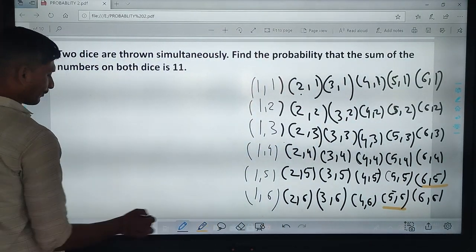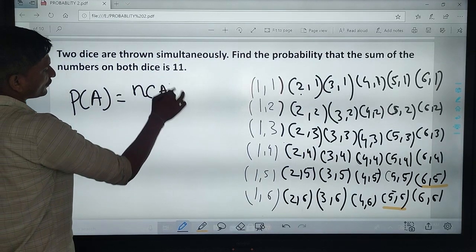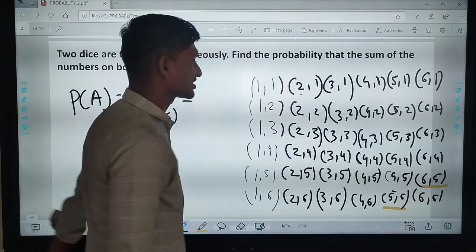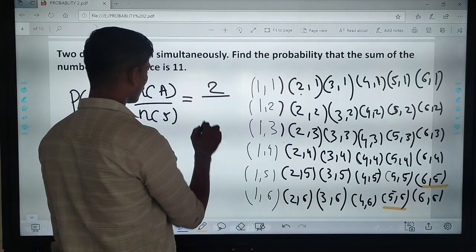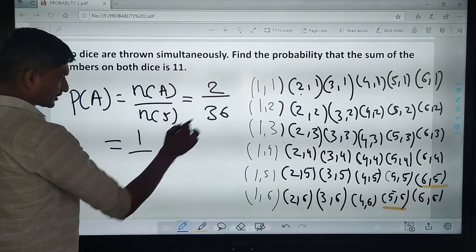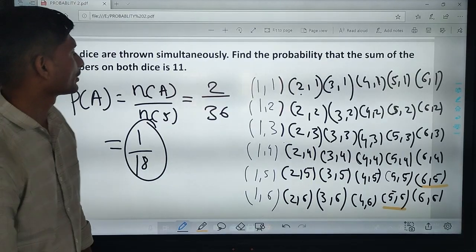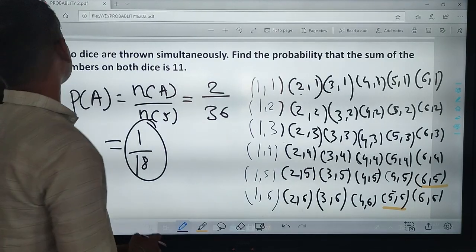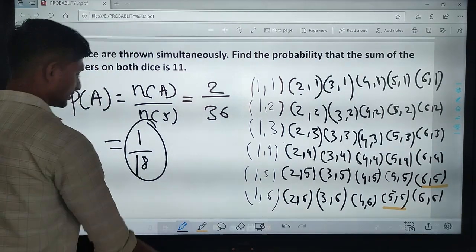Now P of A is equal to n of A divided by n of S. The event contains two samples, 6,5 and 5,6. Then n of A is equal to 2, and the total number of samples is 36. Then your probability is 1 by 18. So the probability that the sum of the numbers on both dice is 11 is 1 by 18. Now next.